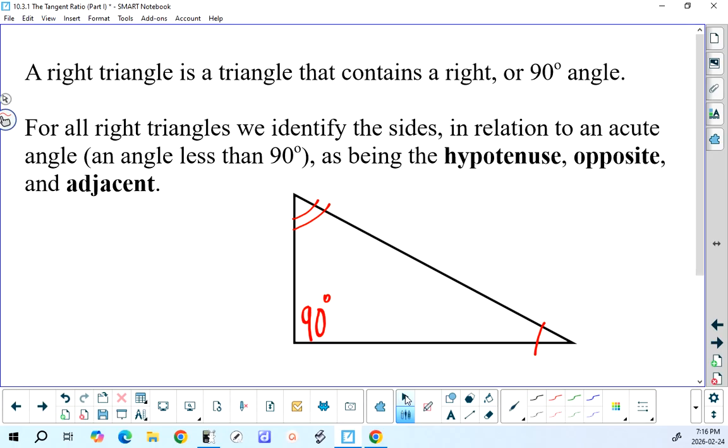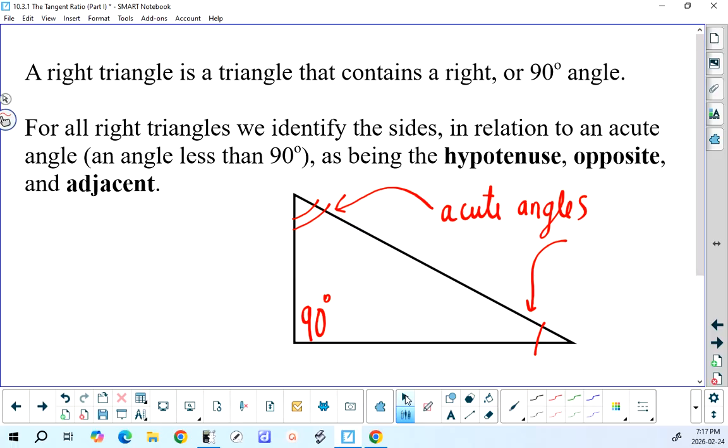So when we talk about acute angles, we're talking about that angle in that corner and that angle in that corner. A better word to use instead of corner is vertex, but I don't really care about that. So both of those angles happen to be what we call acute angles.